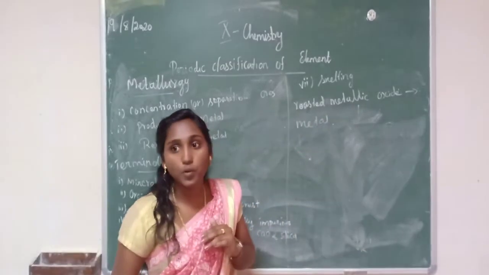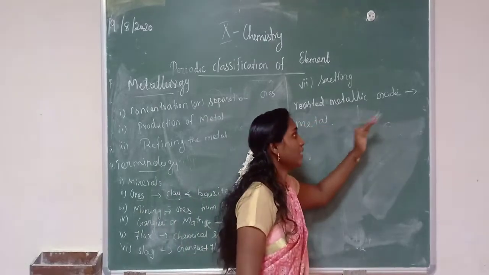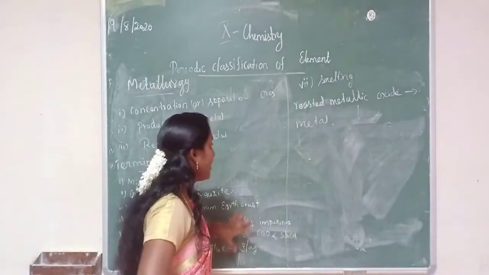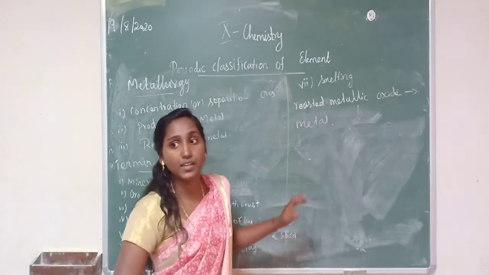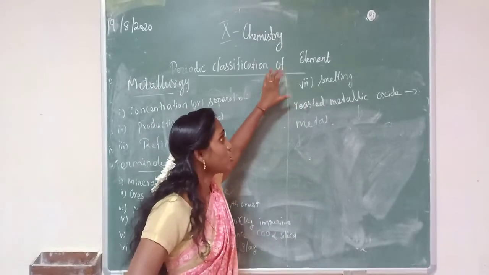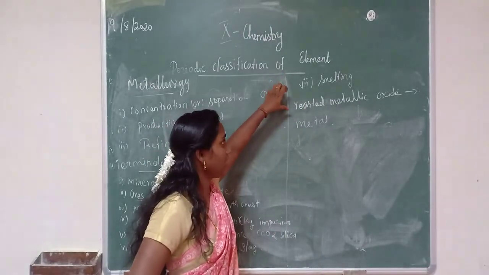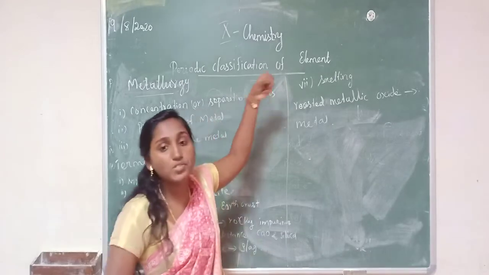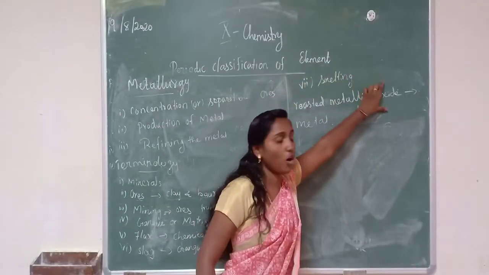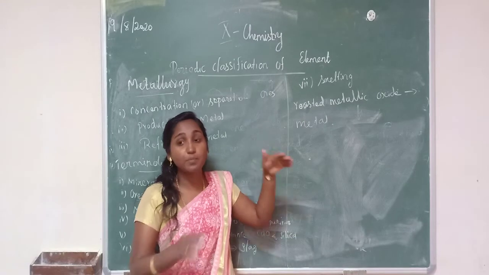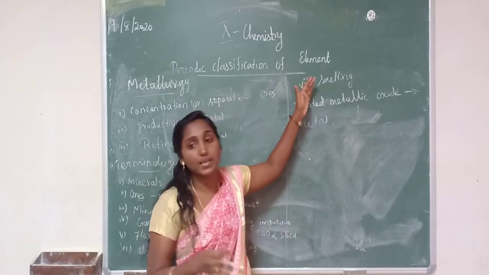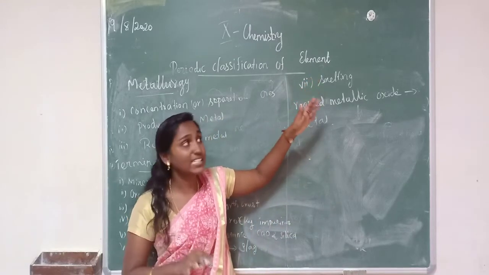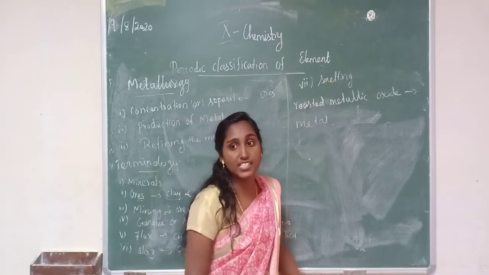In this process, slag is removed as the impurity. When we are adding the flux, slag is removed. Have you understood smelting? So smelting is a process to reduce the roasted metallic oxide into metal, just like melting and extracting.